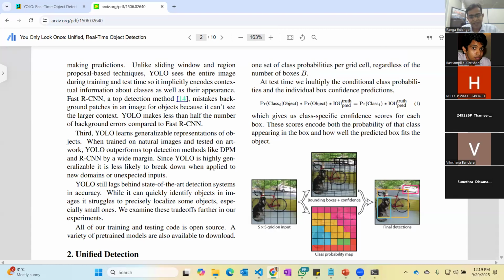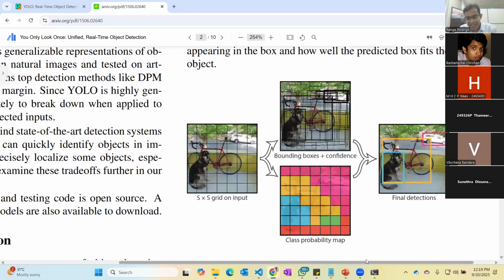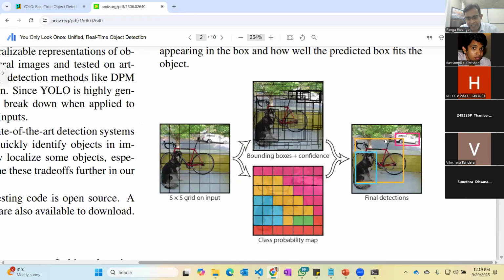So that's fine. You can see for each of the cells, there is one color. This pink color represents the car class. You can see that, right? The orange represents the bike class. The green represents whatever class, I don't know. Red also, I don't know, but the blue represents the dog class.